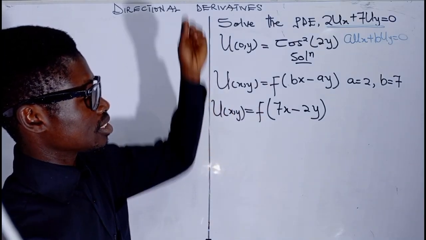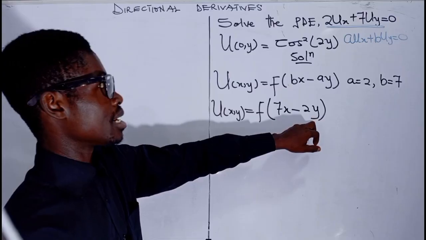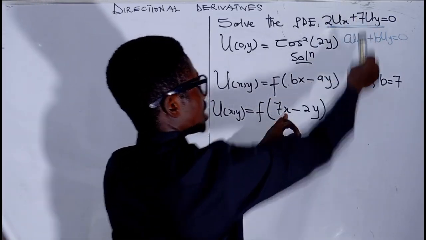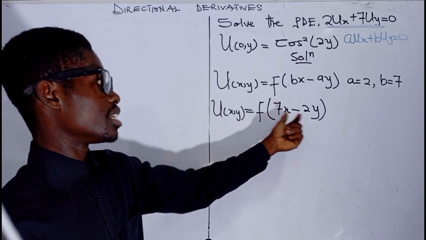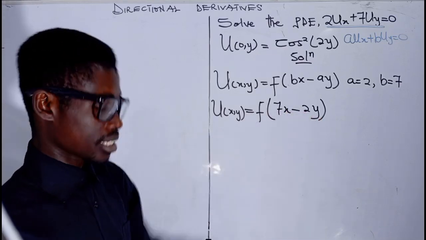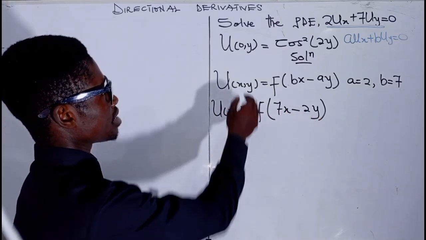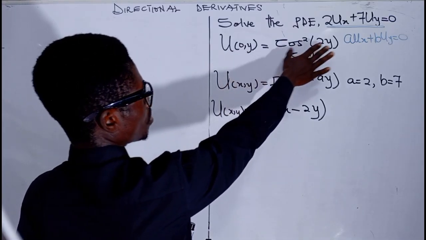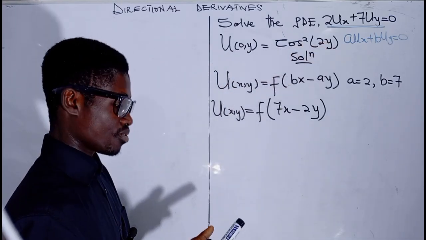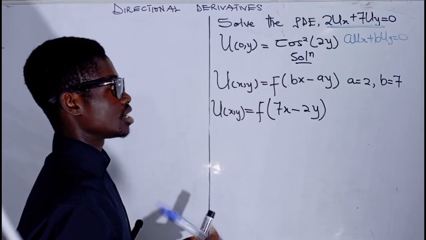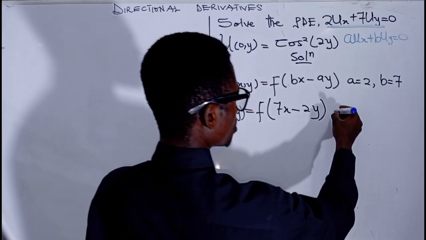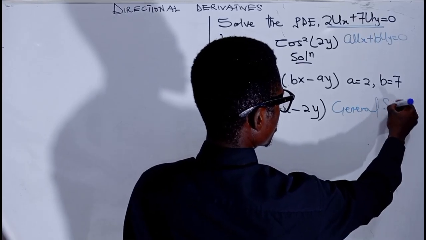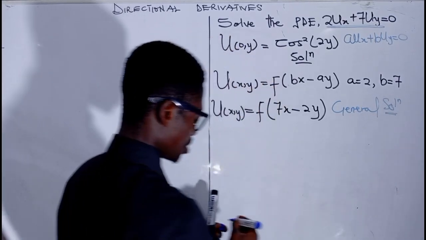As I said, the most important thing is to multiply y by the coefficient of x and x by the coefficient of y, and then you negate one of them. So we are negating this part. Since we are being given an initial condition of u of 0y is equal to cos squared 2y, we have to continue to find the particular solution. So this becomes our general solution.